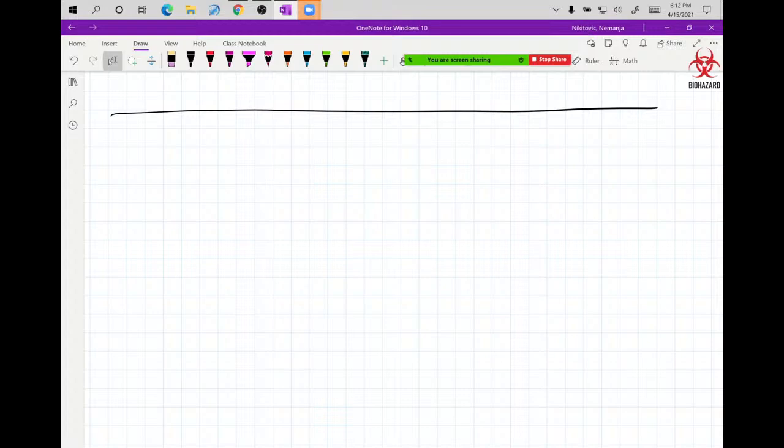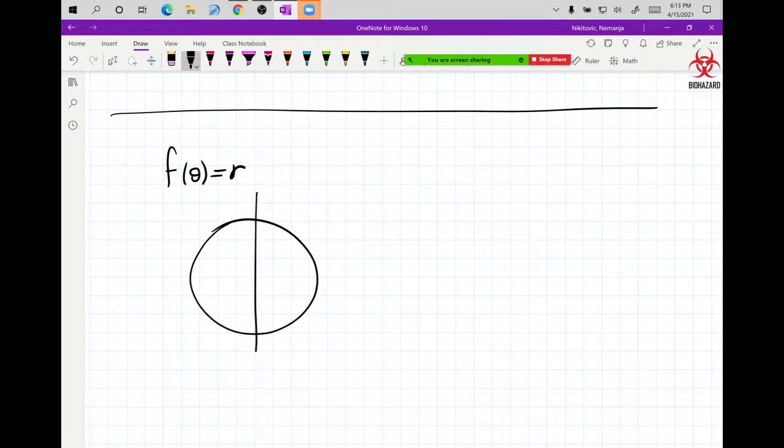But these are the two graphs that you should know when you learn basic polar coordinates: a straight line graph that is not shifted up or down, or the circle. When you have an equation, in this case f of theta equals r, the only thing that you get is the circle with the radius r.